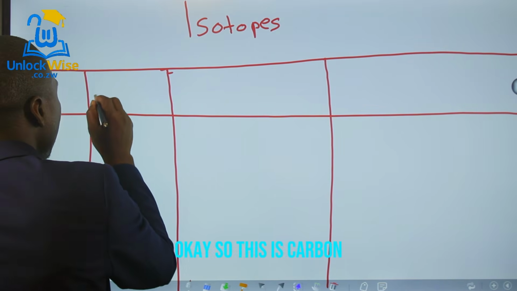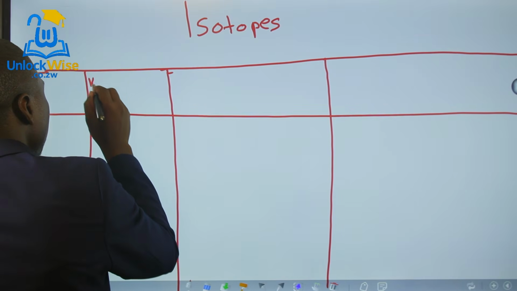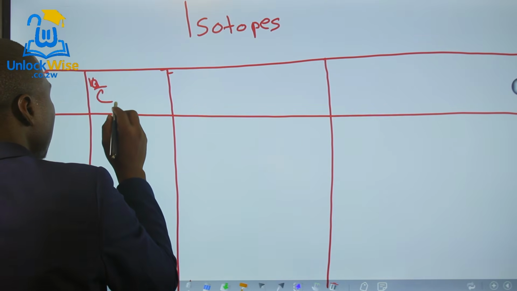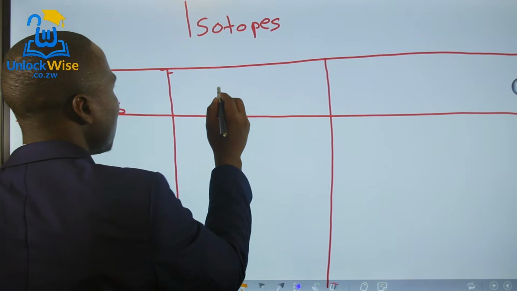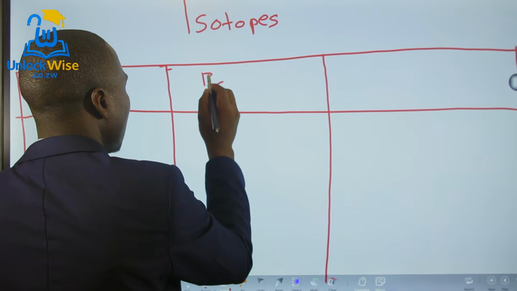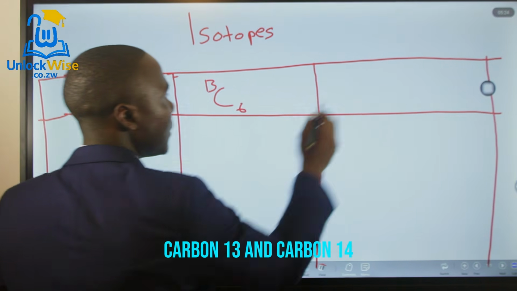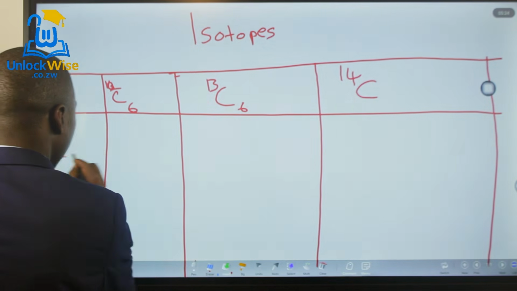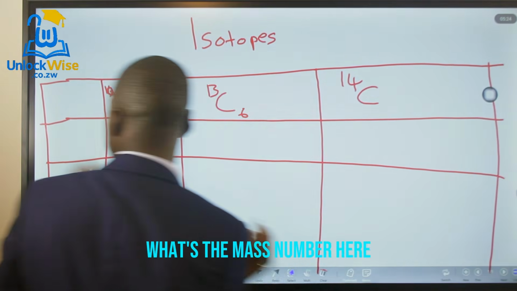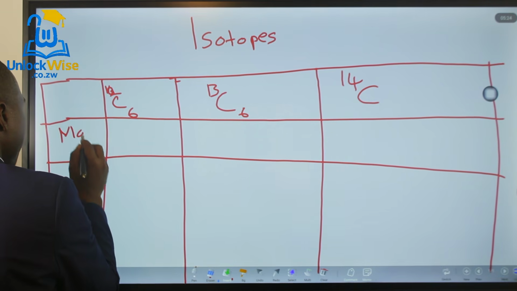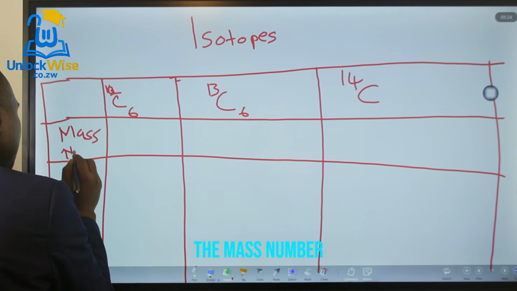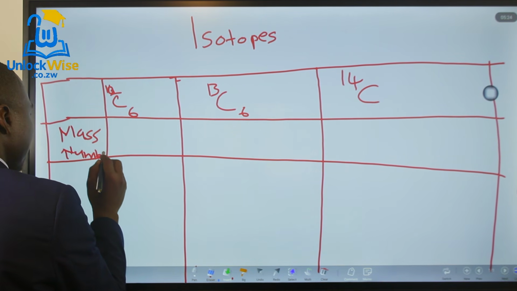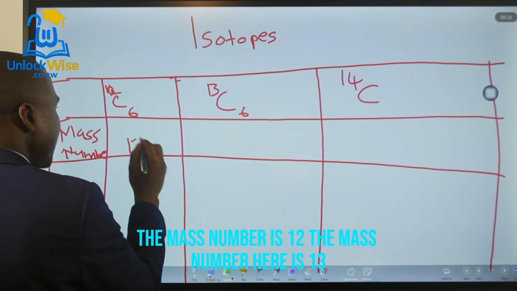So this is carbon 12, carbon 13, and carbon 14. What's the mass number here? The mass number here is 12.